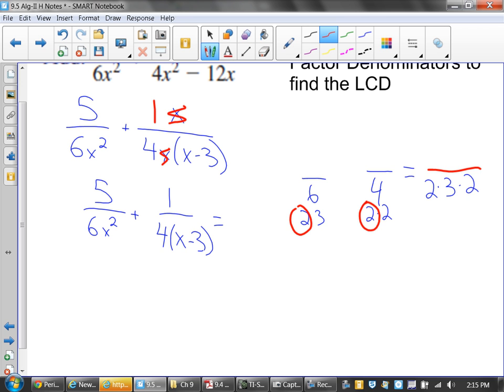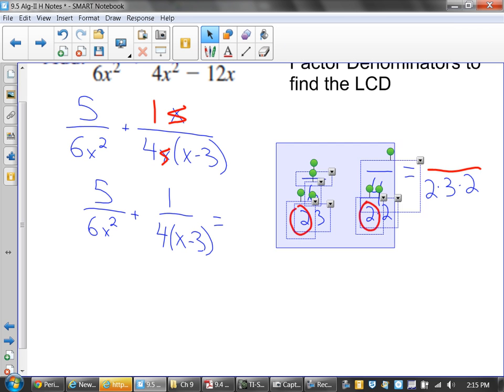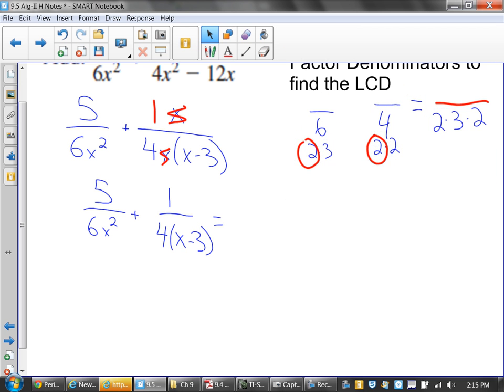Okay? So I know for now that my common denominator numerically is going to start with a 12. X squared, that's a multiplication term, correct? Is it on the other side? No. So we write it down.